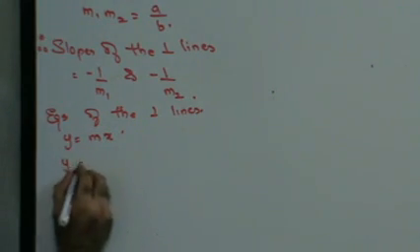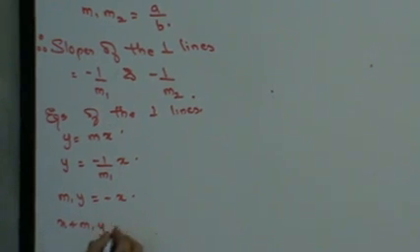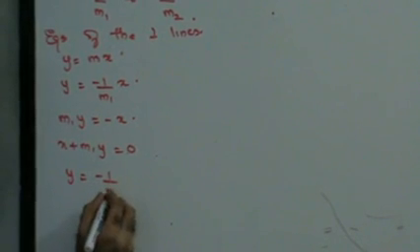So equation of the first line will be y is equal to minus x upon m1. Therefore, I'll get m1y is equal to minus x. Therefore, x plus m1y is 0. Similarly, the equation of the other line will be y is minus 1 upon m2 times x.